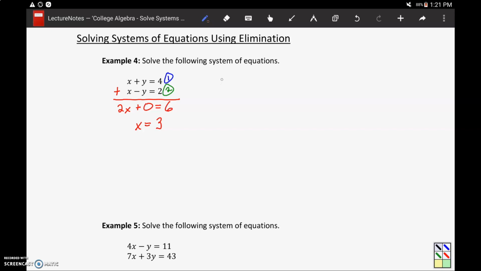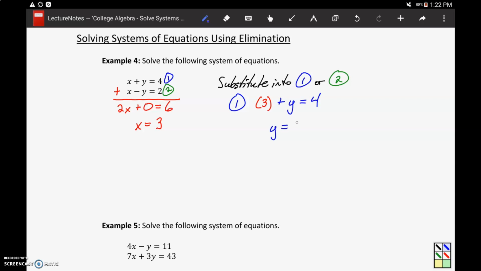Once we have that result, then we'll substitute into equation 1 or 2, and then solve for the remaining variable. So in this case, I'm going to choose to substitute into equation 1. We already came up with a value for x, which is 3, plus y is equal to 4.